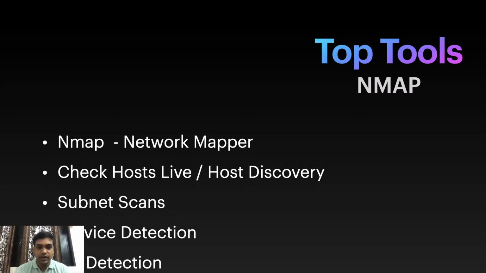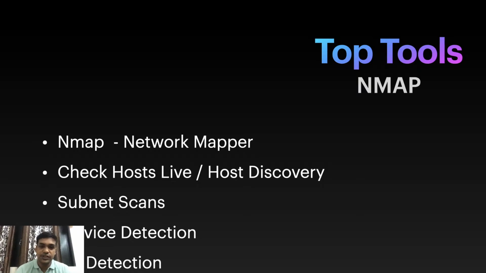Nmap is by far one of the most important tools which cannot be sidelined, because Nmap is used for checking which hosts are live, for performing host discovery. Nmap is also used for doing big subnet scans to identify which hosts are live in your network. Nmap is also used for service version detection, for identifying which services are running on any particular target. Nmap is also used for OS detection.